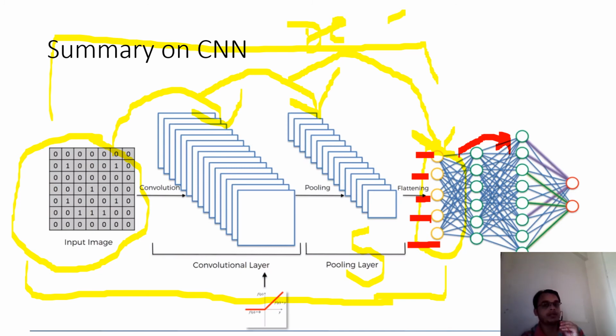So X parameters are coming over here in the yellow circle, and from here onwards it's a normally processed ANN, artificial neural network, correct? Okay, so I think you have understood the convolutional neural network, and also you have understood the steps of how the CNN and ANN are combined with each other.